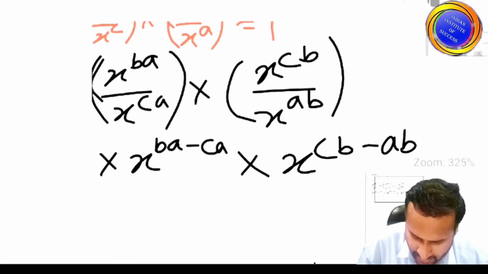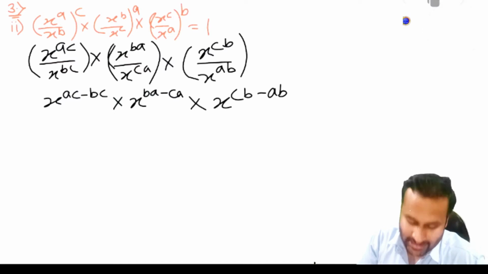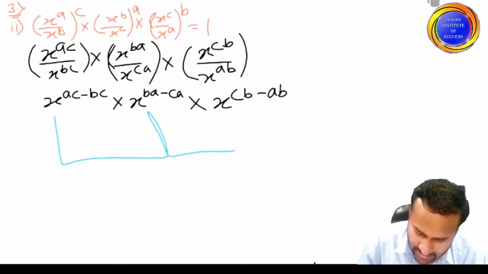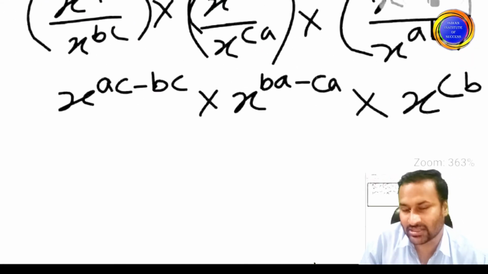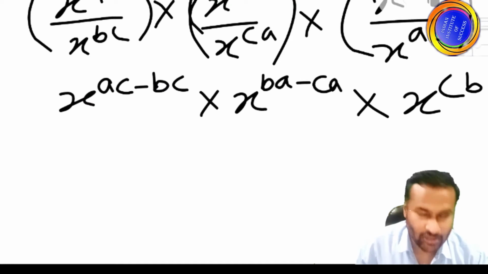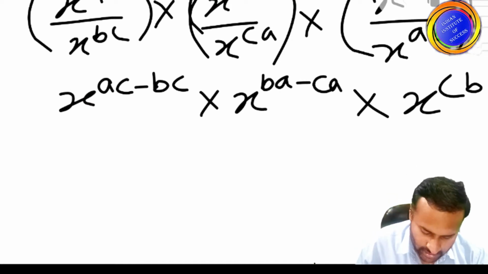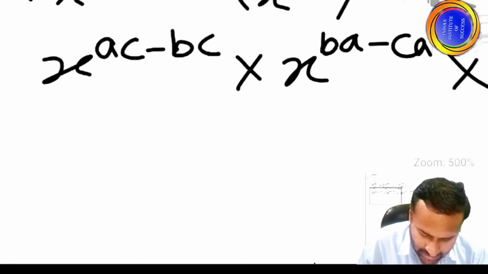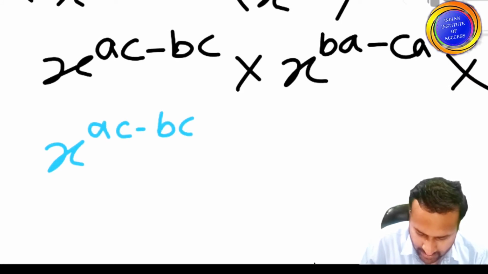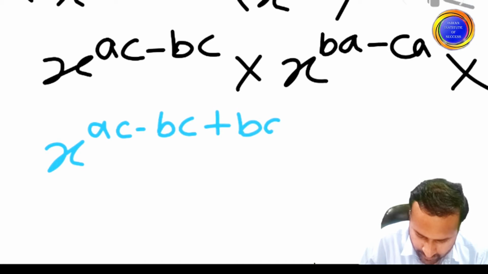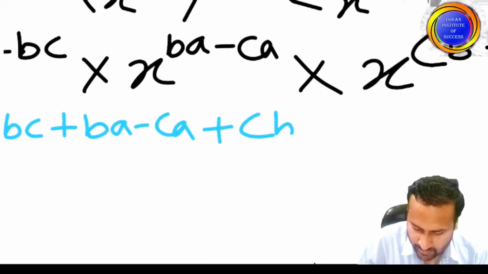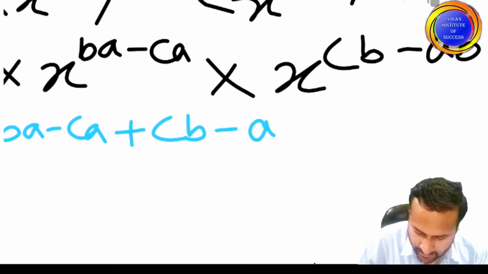ab. Now we all know that all three have the same base. When bases are the same and they are multiplied with each other, powers will add. We all know that exponential rule. So here we do the same thing: x raised to power ac minus bc plus ba minus ca plus cb minus ab.